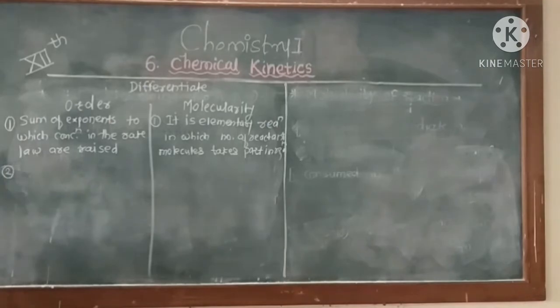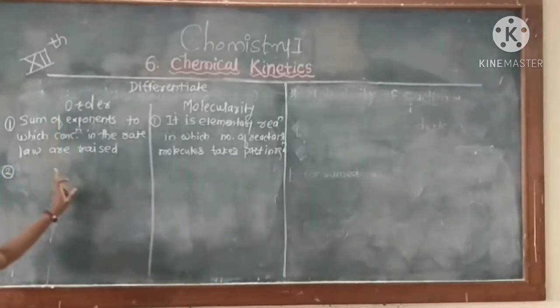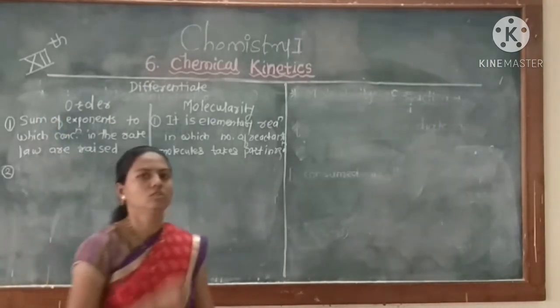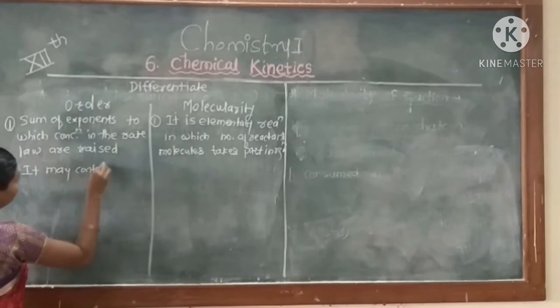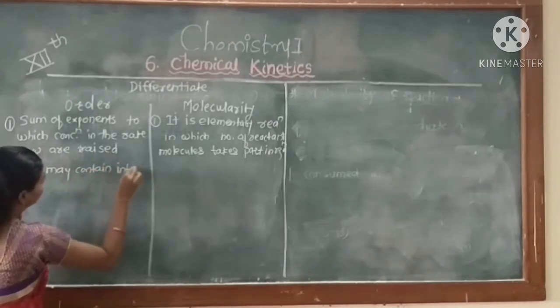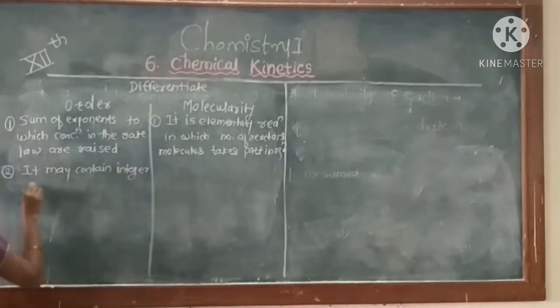The second point of difference is that order may be an integer, a fraction or zero.